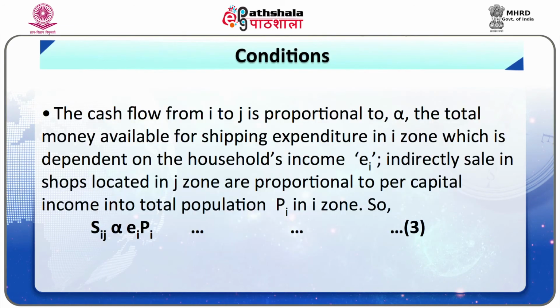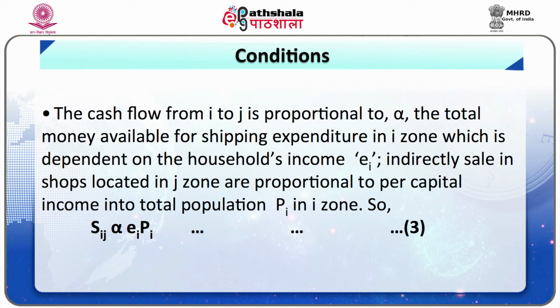Now, three conditions. There are three conditions of cash flow from i to j zones. Number 1, the cash flow from i to j is proportional to alpha, the total money available for shopping expenditure in i zone, which is dependent on the household's income, Ei.